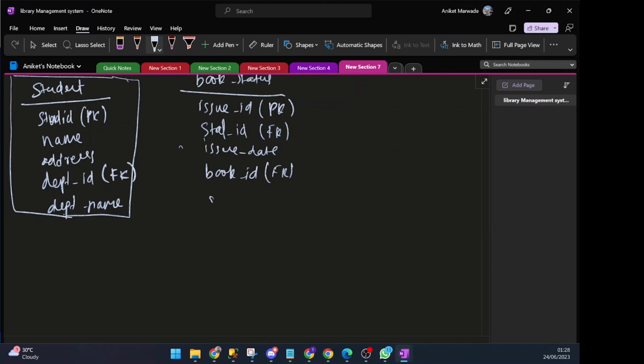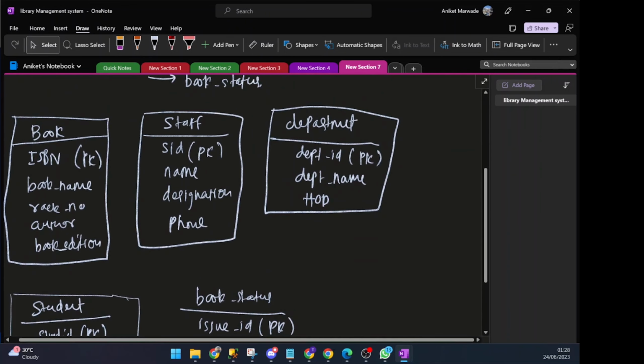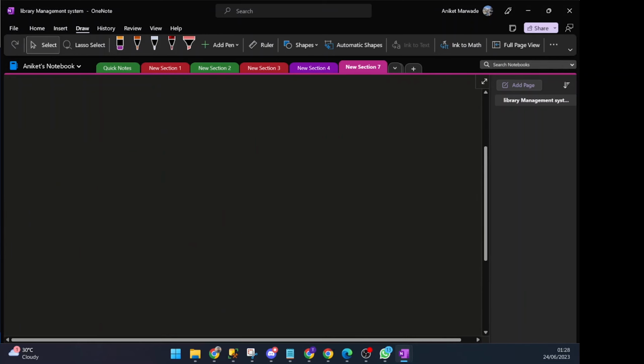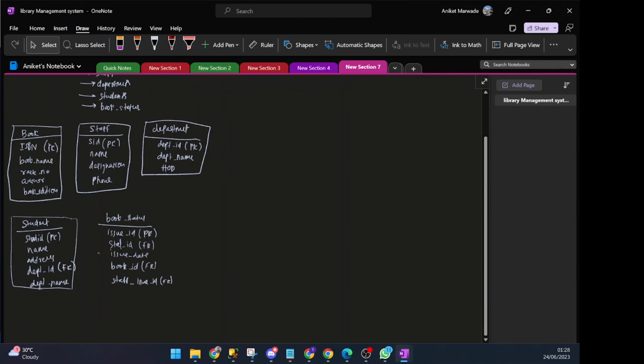I mean, which staff has issued the book for the student. So it will be a foreign key, which will be referring to the staff ID. So these are our tables.